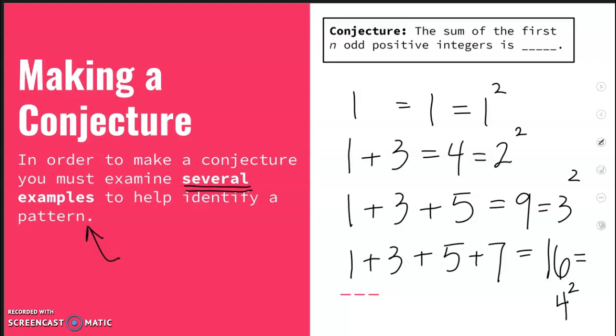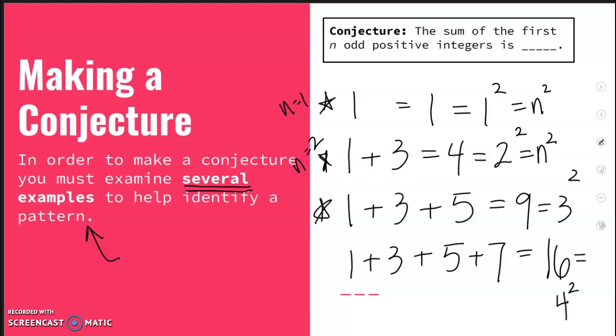So now, let's see. This example, we were just looking at n equals 1. So when n equals 1, this was giving us n squared. In this case, we had n equals 2. Now notice, this is also n squared.